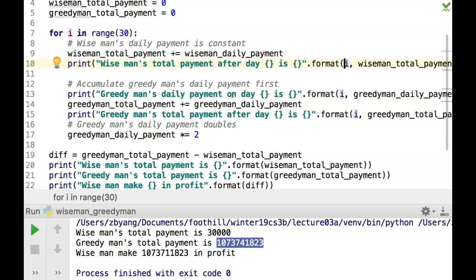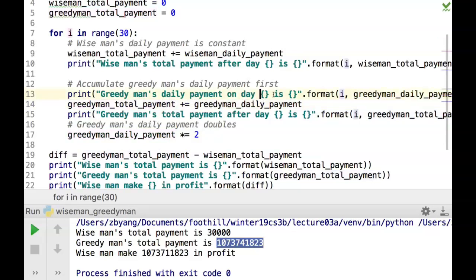And the same thing, well, the interesting thing about the greedy man's payment is the daily payment actually changes, right? So who knows? Maybe we didn't update the daily payment properly before we added to the total payment. So that's why I also print out the greedy man's daily payment before I add it to the total payment.